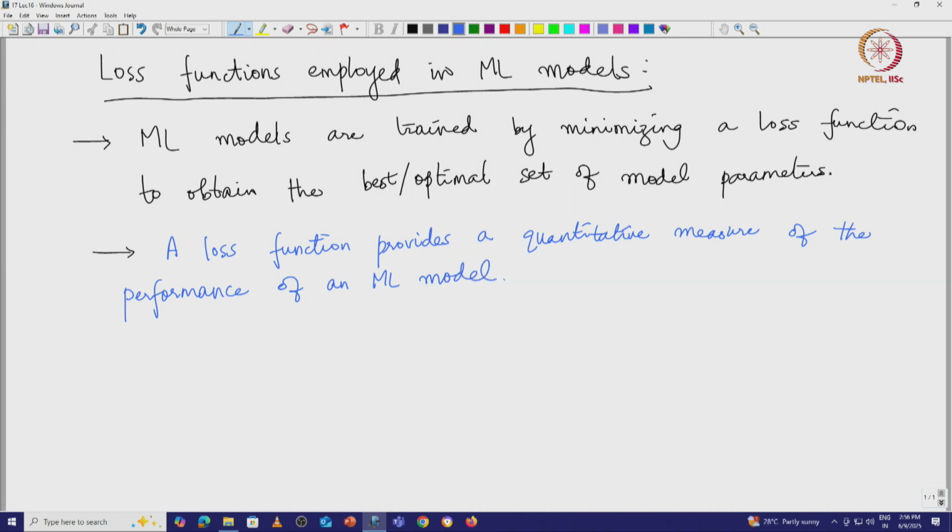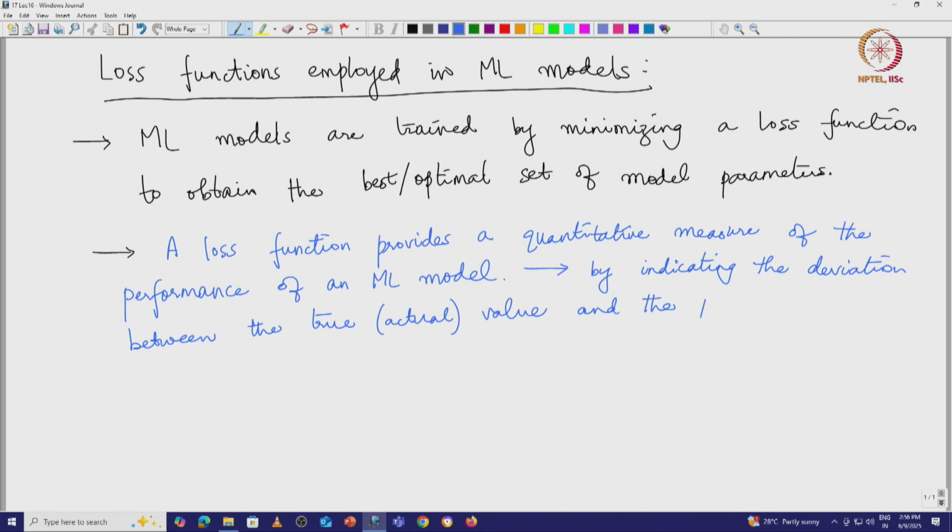So we are able to quantify the performance of the ML model, and this it does by indicating the deviation between the true or actual value and the predicted value of a target variable.